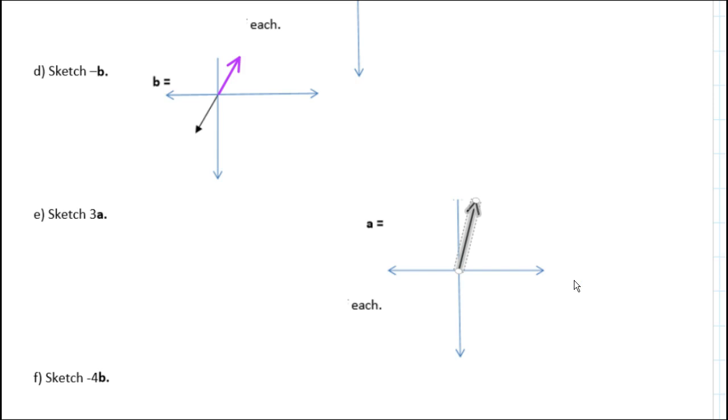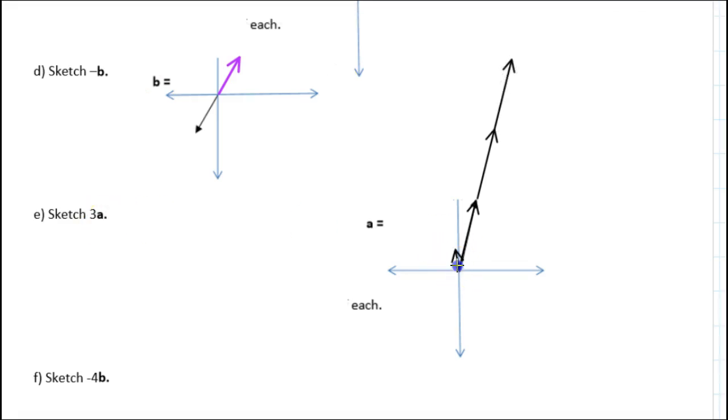Now I am going to Control C, Control V. I've duplicated it. So if I put these end to end, so far that's 2A. If I put another one end to end, now I've got 3A. If I just take one vector representing all three of these, that should be what vector 3A looks like.